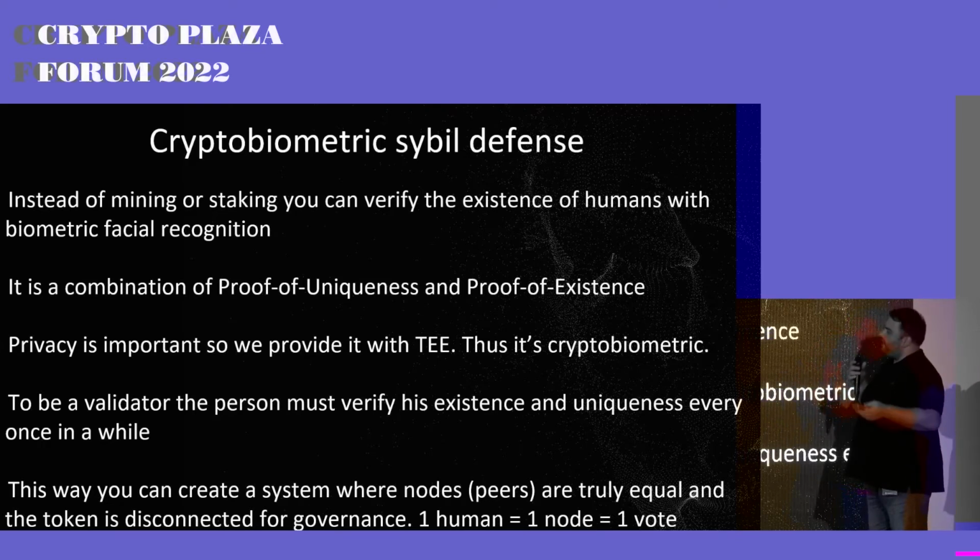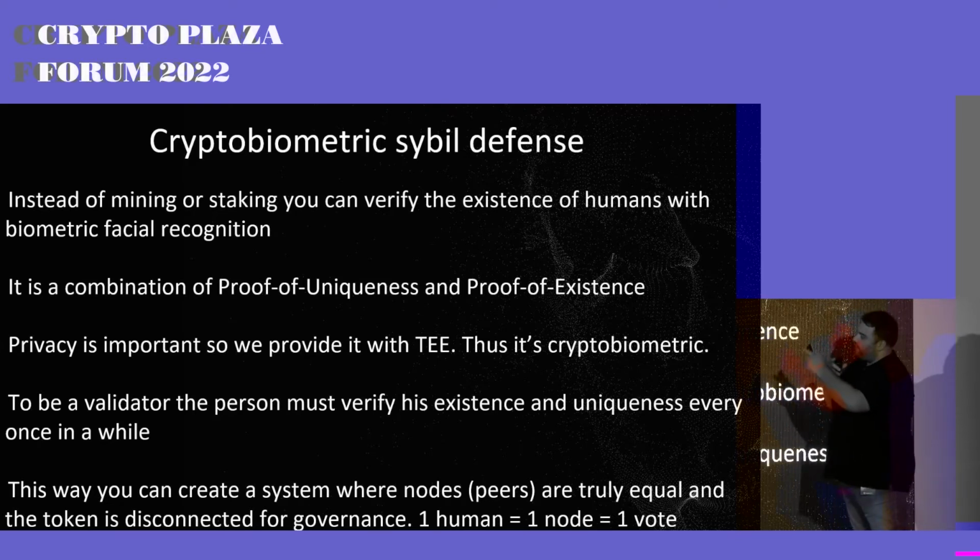To be a validator in a crypto biometric network, you only have to verify that you're a human being, and that's it. Thus, you can create an ecosystem where nodes are equal in terms of validation power.